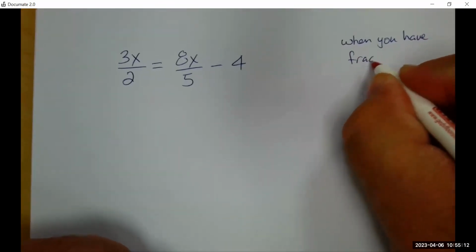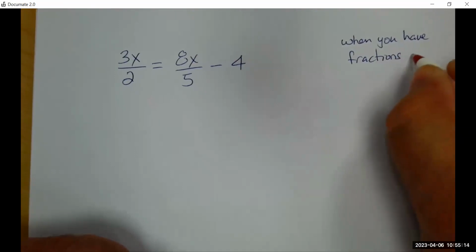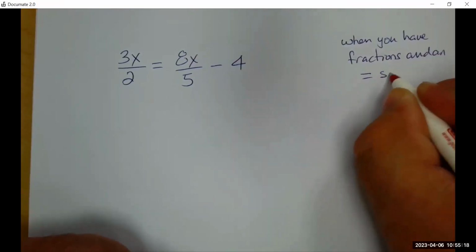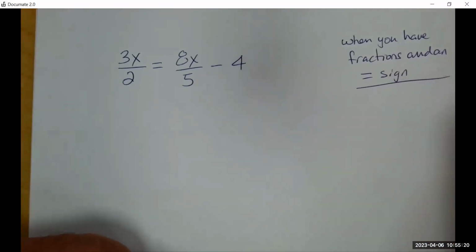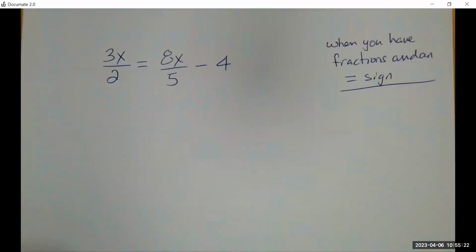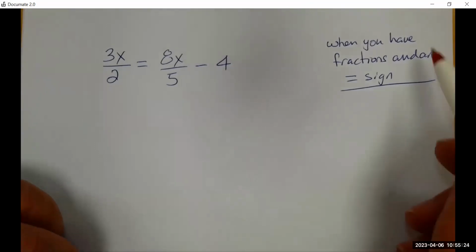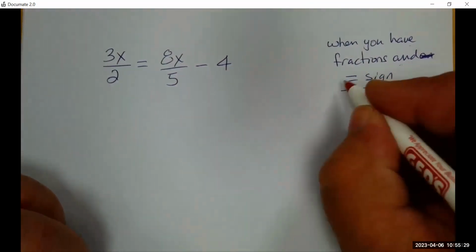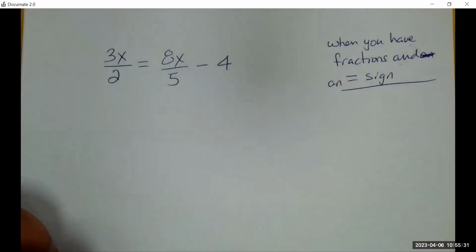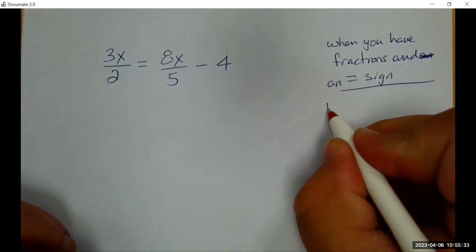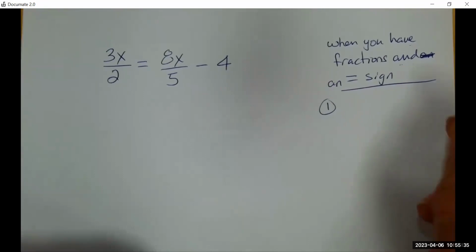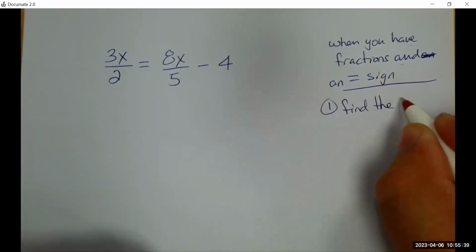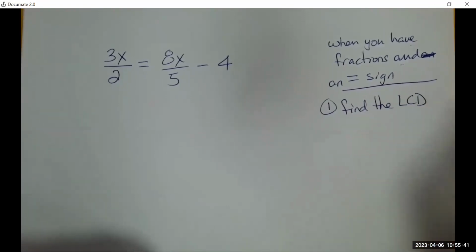When you have fractions and an equal sign, here are the steps. Step 1: find the LCD.